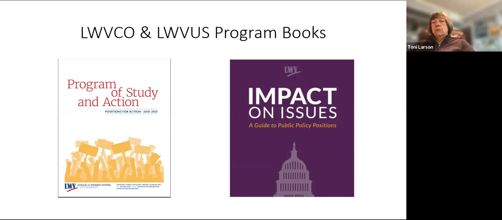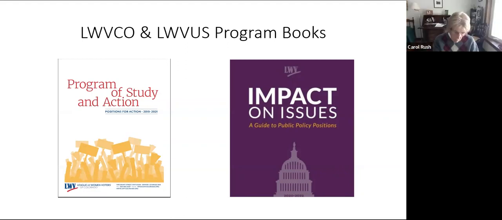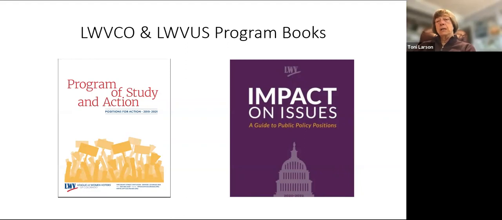And they generally have positions in both areas, and of course the Program of Study and Action, which is a state league book, is a little bit more focused on state issues. But again, the Impact on Issues should be used as well. Next.